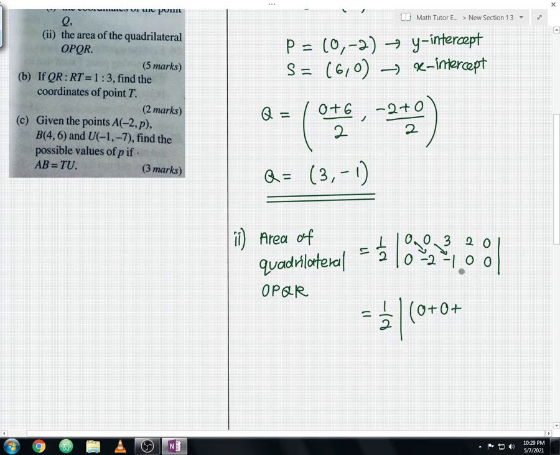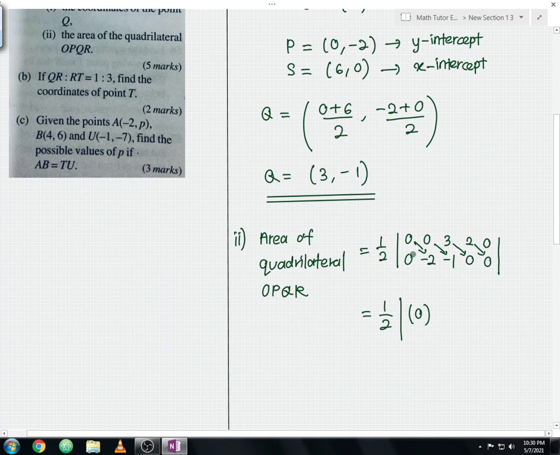And then plus 3 times 0, you get 0. 2 times 0, you also get 0. So basically everything is 0, so it's just 0 itself. Is it understood, guys? Some of you may have no idea how to calculate the area of a polygon, so that is the reason I'm showing you step by step. So this is the first part, the first diagonal, which is from left to right.